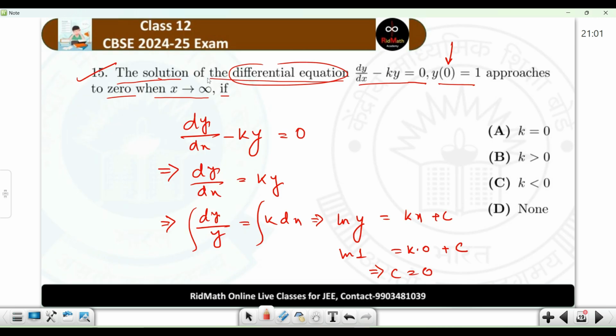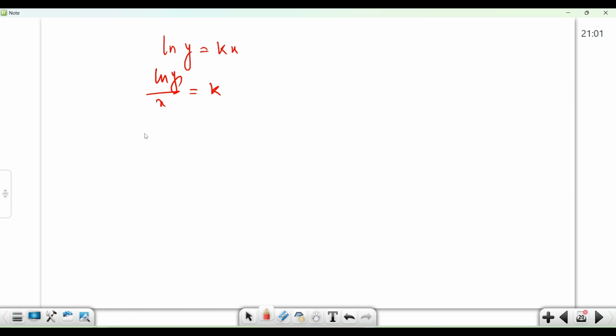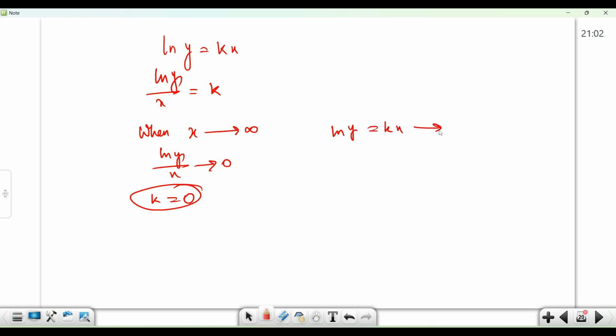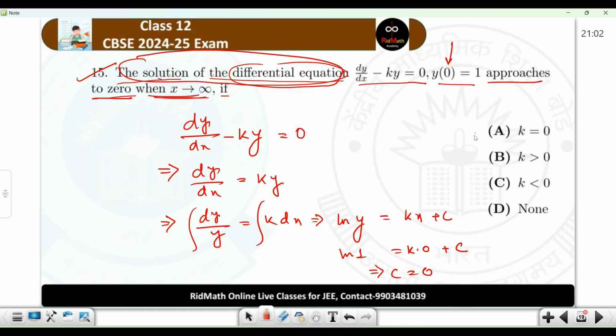Now it is said that the solution of the differential equation approaches 0 when x tends to infinity. So when x tends to infinity, ln y by x tends to 0. That means k should be 0. Only then ln y equal to kx will tend to 0. So option A is correct.